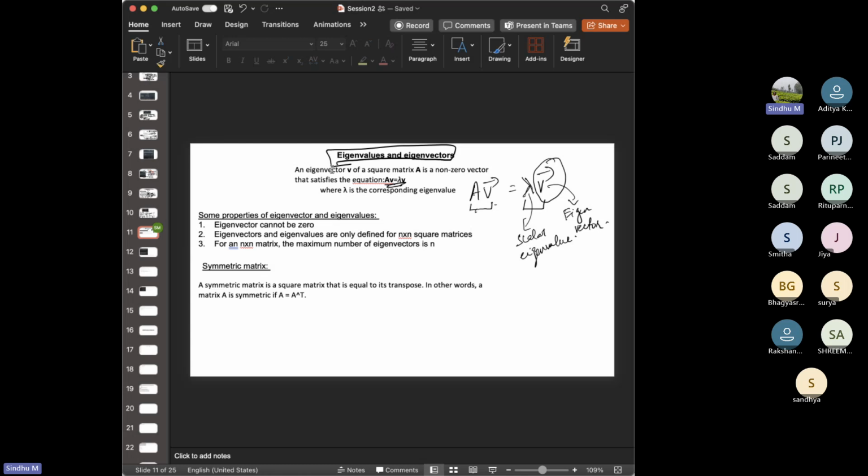And obviously it cannot be zero. When you multiply a zero vector, you will always get zero, but an eigenvector should not be zero. And one more important thing is it's only defined for square matrices. We can't define it for rectangular matrices.